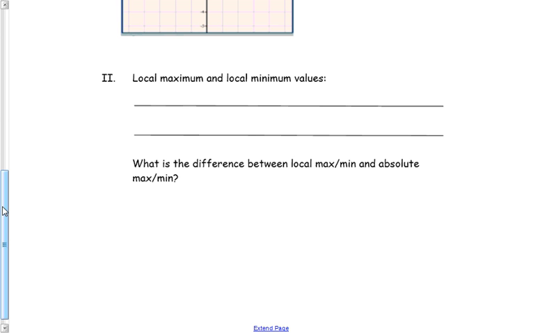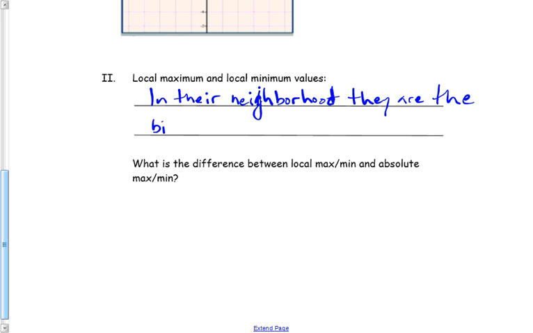You can write your own definition if you'd like, but I would say that in their neighborhood, they are the biggest or smallest, I guess you would say, for mins. Okay?